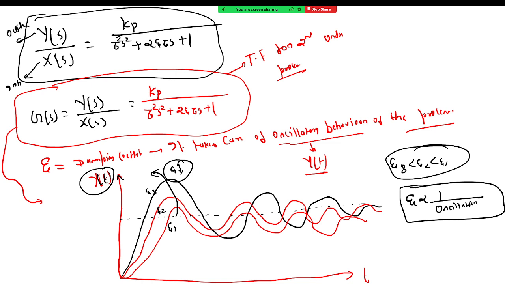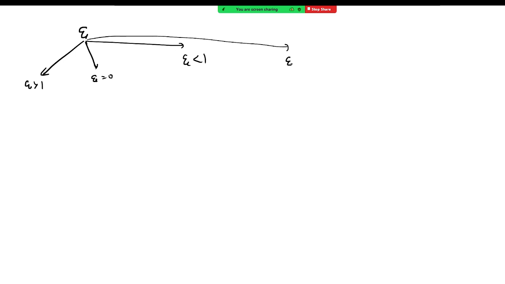With this, zeta may be greater than 0, zeta may be 0, zeta can be less than 1, right? And one more thing, zeta may be equal to 1.